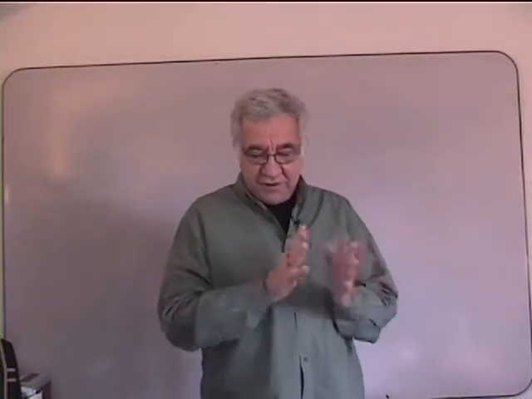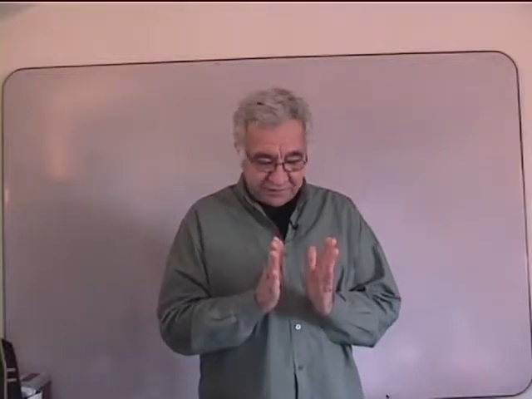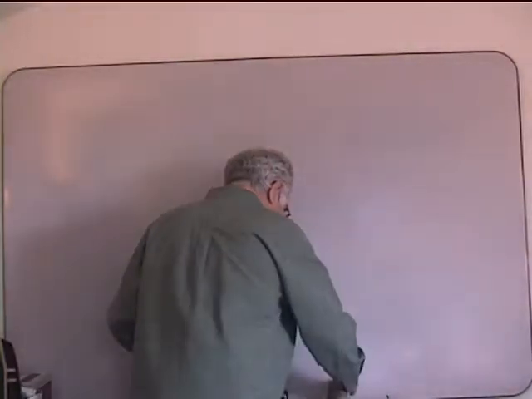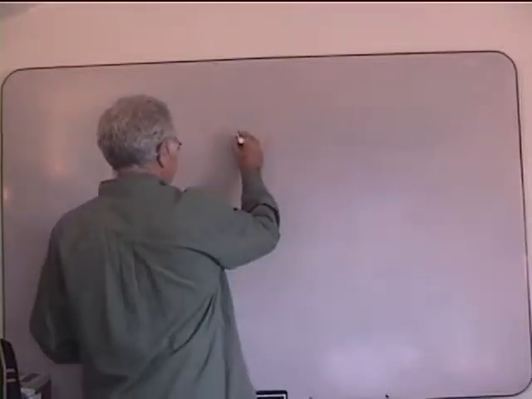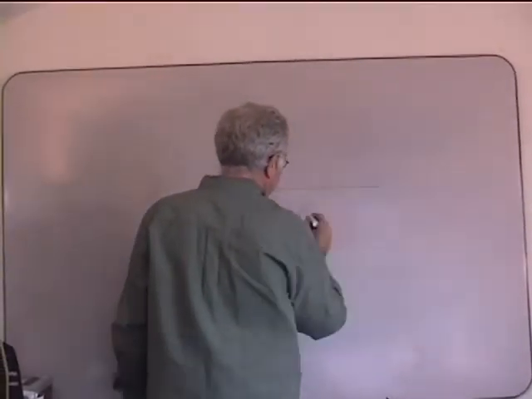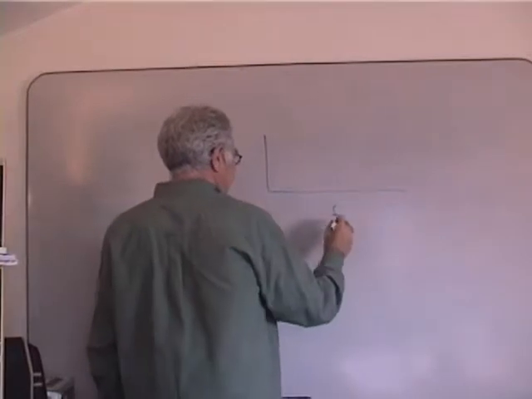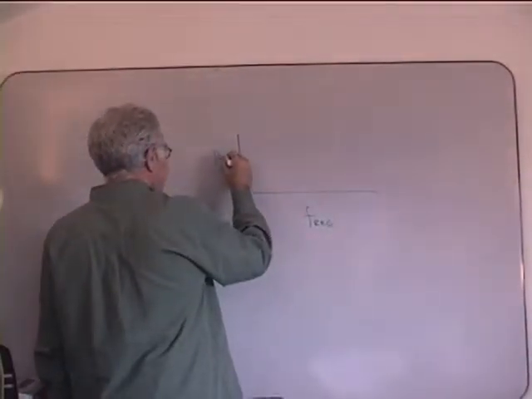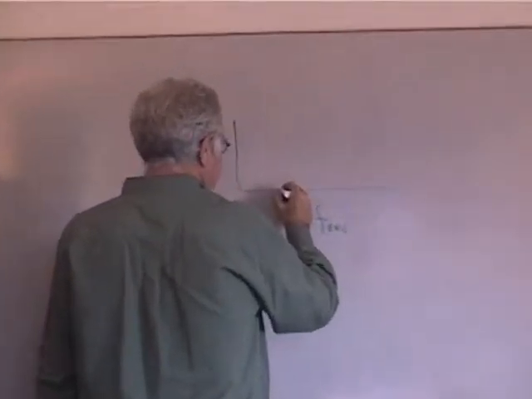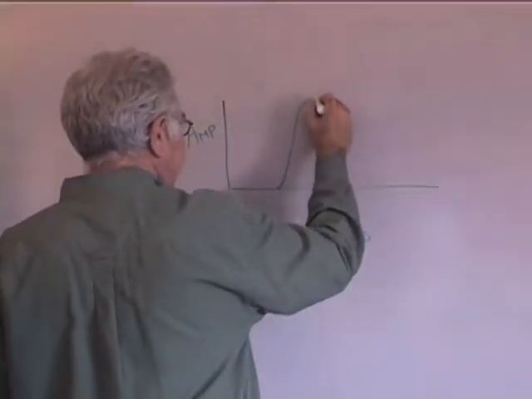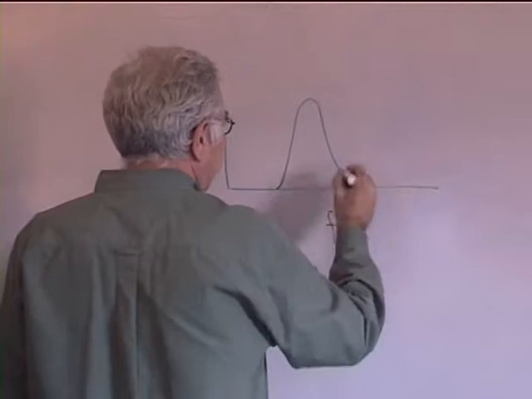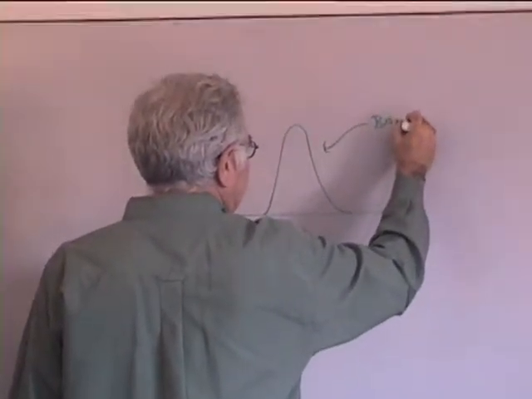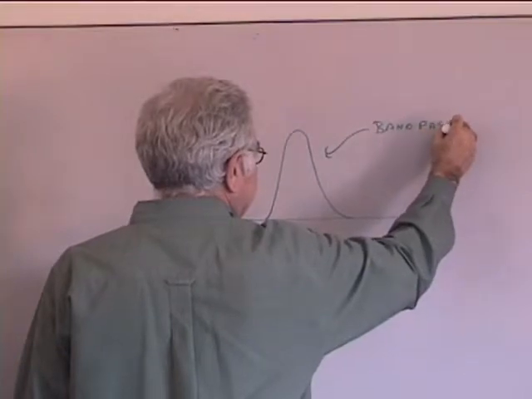Now we want to introduce this notion of a filter. Let me say a few words about a filter. We're going to make our usual plot of frequency versus amplitude, and we can represent a filter like this. This type of filter is called a band pass filter.